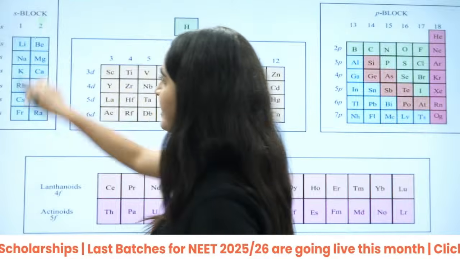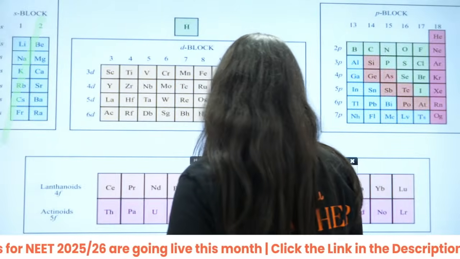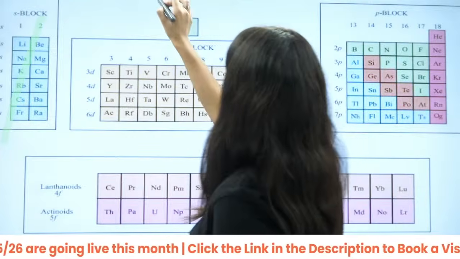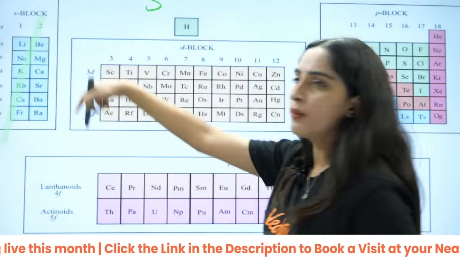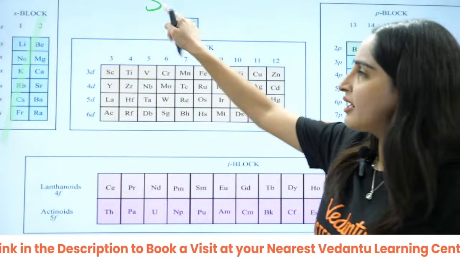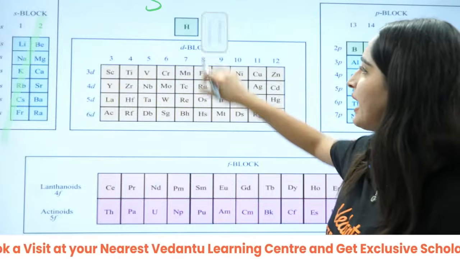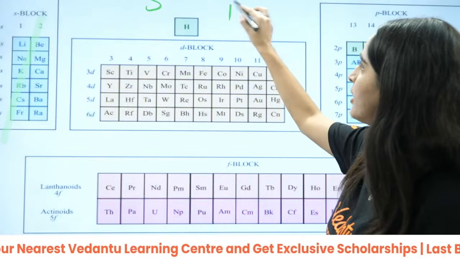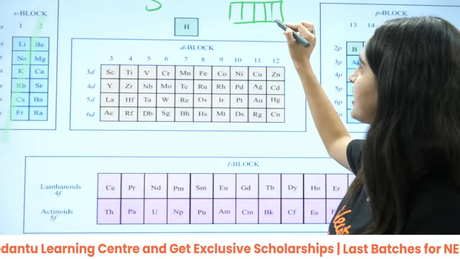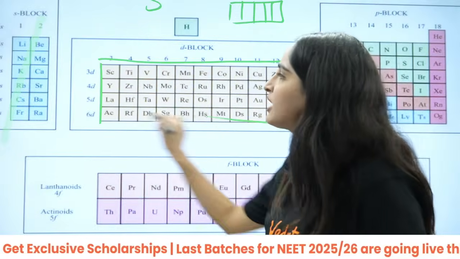So this is s. That is why you write s2. Why do you write s2? Because there are two groups in the s block. In the s orbital, you have 2 electrons maximum. In d, this is the d block, and you have a total of 10 electrons, and here you have 10 groups.